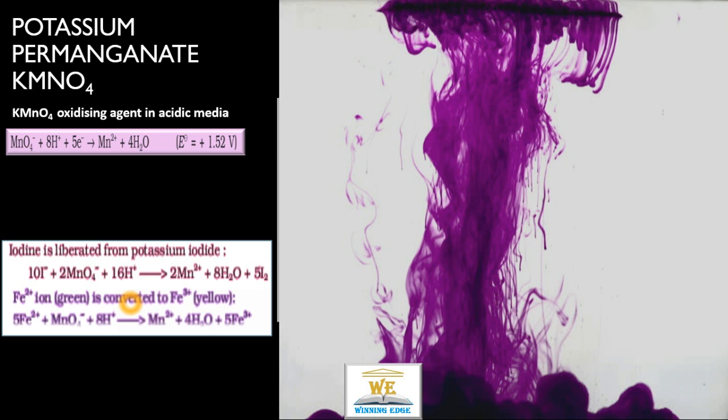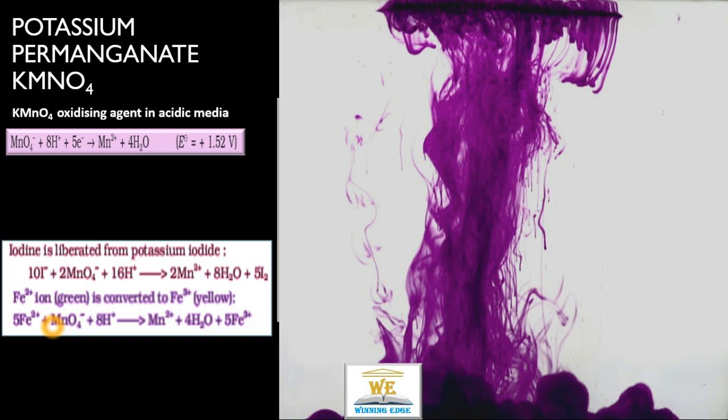Next reaction is ferrous to ferric oxidation. Here we know every mole of potassium permanganate oxidizes 5 moles of any other species that is oxidized by only 1 oxidation number.